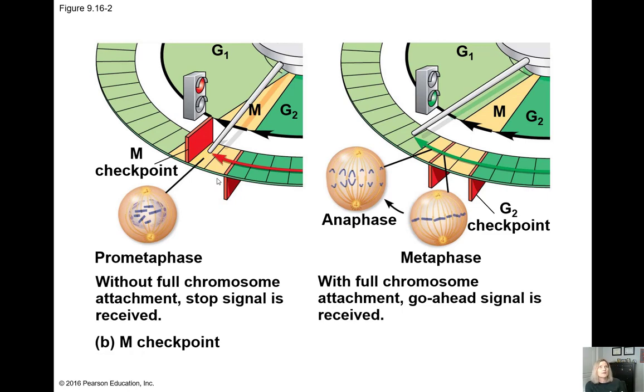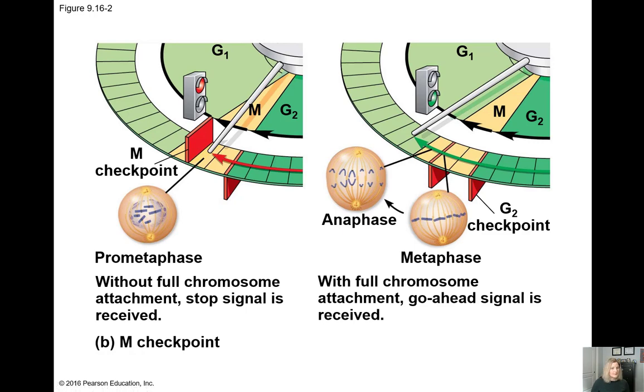So we don't want a chromosome to not have a mitotic spindle attached. So it's got to make sure that everybody's got their own mitotic spindle, everything is being pushed and pulled in the right direction in order to pass this checkpoint. So it's going to stop, double check, make sure everybody's got their mitotic spindle in place, and then receive the signal to go ahead. Okay, so there it went ahead, and it can go ahead and divide now. All right.